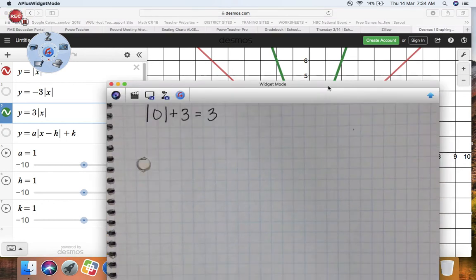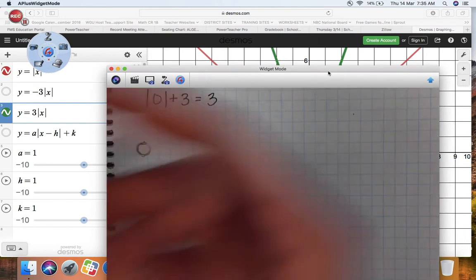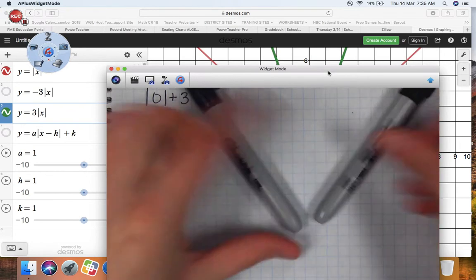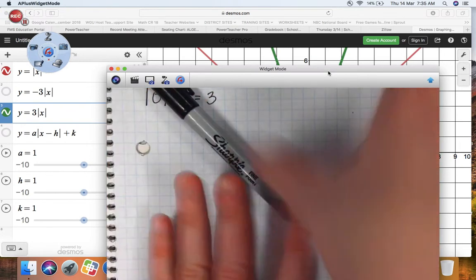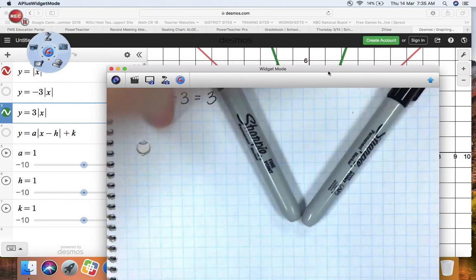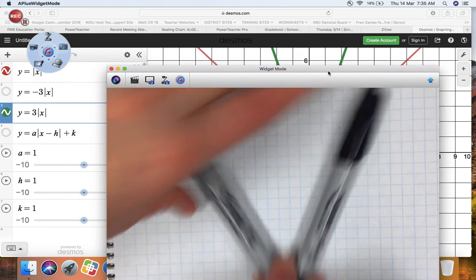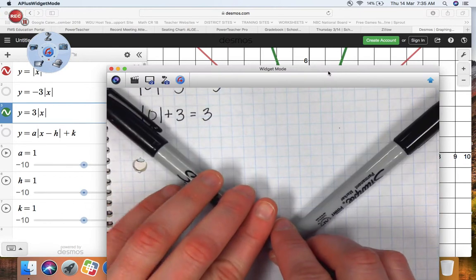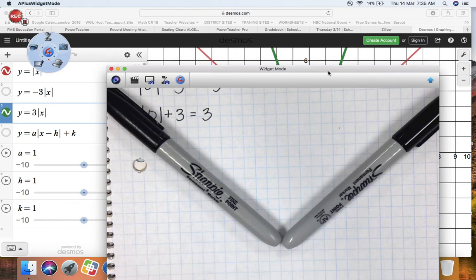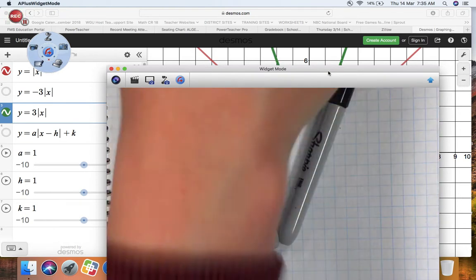I'm going to move this and show you something. If I'm looking at my V, and if this was my parent function, we call it stretched because I'm stretching it this way. I'm stretching it out. The other one, which we'll see in a minute, is called something else. So a stretch is when that number gets bigger. We're stretching it out like Play-Doh.